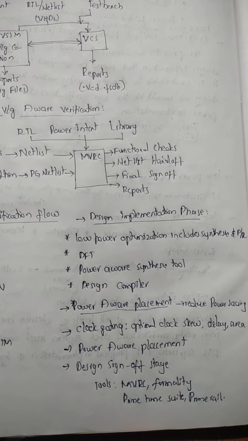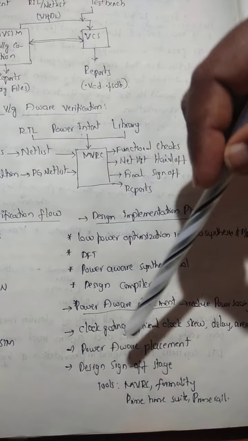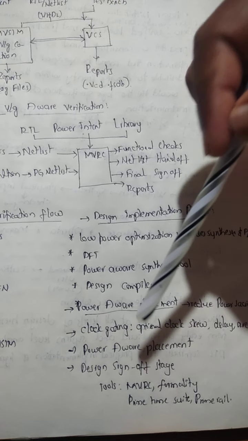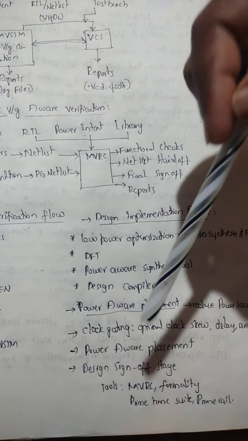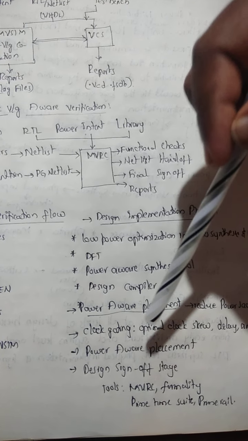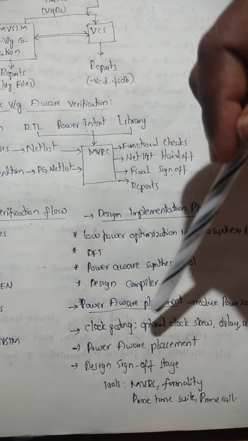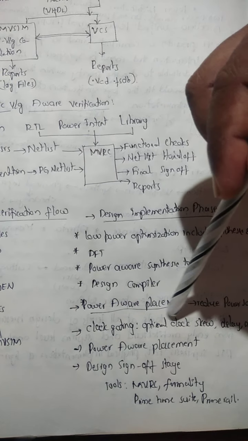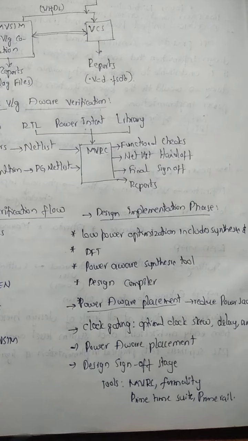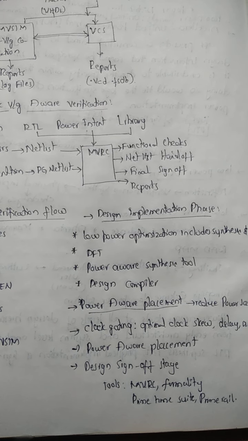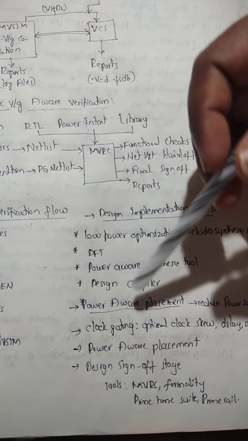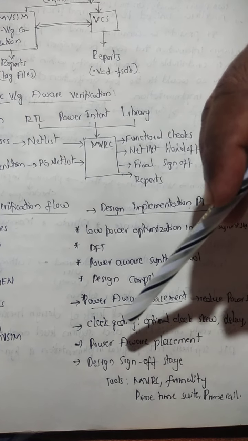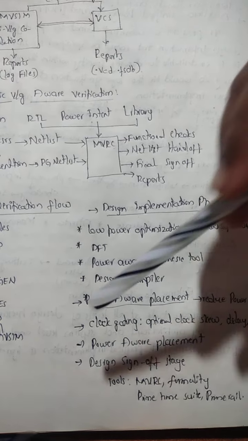So by making use of this clock gating, particularly the placement of the clock gating, the optimal clock skew, insertion delay, area, clock tree power and total power are all reduced. Next, coming to the power-aware placements. In this power awareness, we can minimize the capacitance at high activity nets.